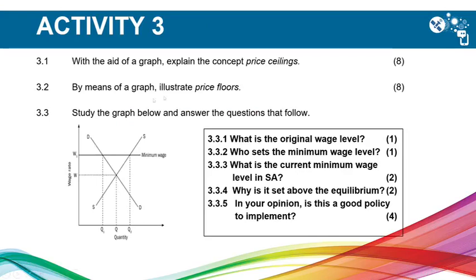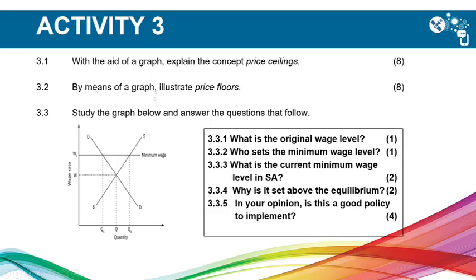Right. So activity 3 says, now I need you to look at 3.1 and 3.2. I need you to pay close attention to the wording of the question. 3.1 says, with the aid of a graph, whereas 3.2 says, by means of a graph.